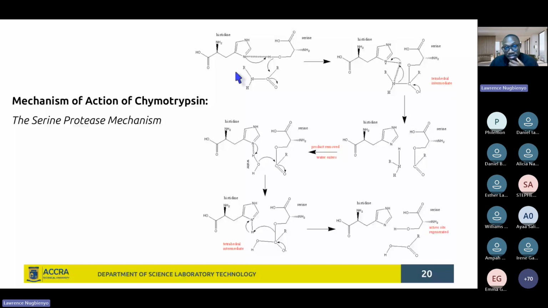Or maybe by which type of mechanism does chymotrypsin act in the breakdown of peptide bonds? For you to say it is a serine protease mechanism. These are simple questions which you can answer.